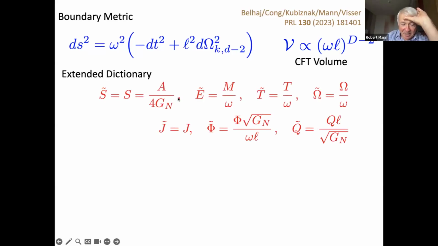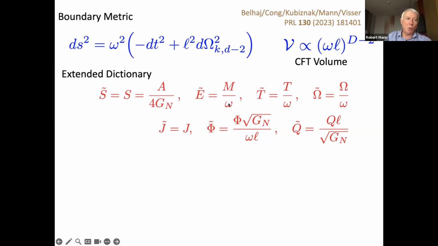So this gives us this extended holographic dictionary. This is why I didn't write down the other one on the previous slide. So the holographic dictionary says the CFT entropy is the bulk entropy, and the black hole mass and CFT energy are related like so with this factor omega.